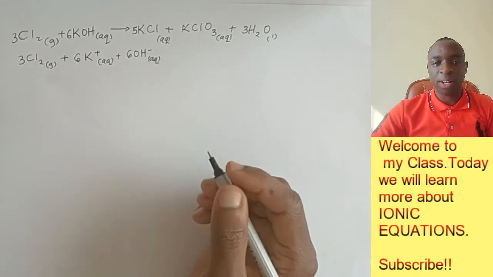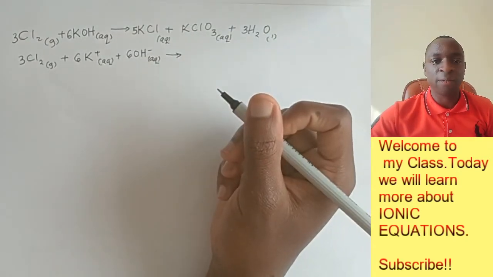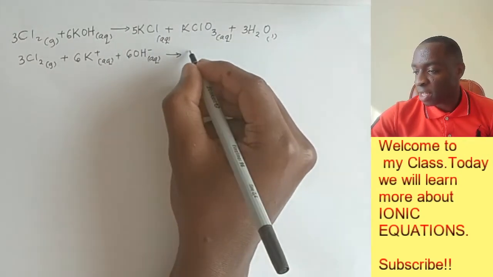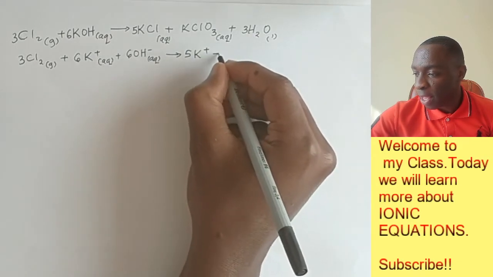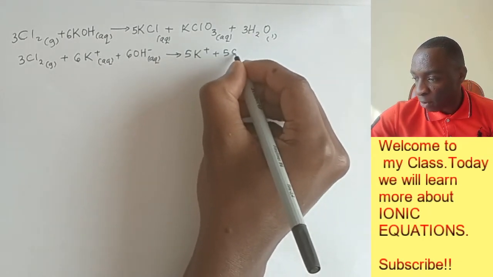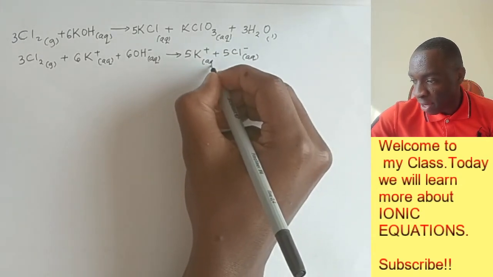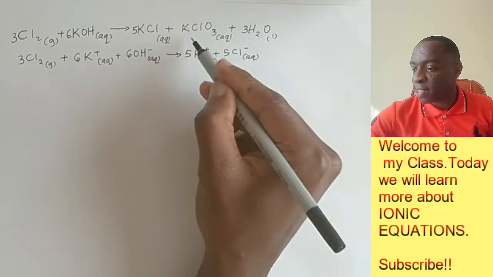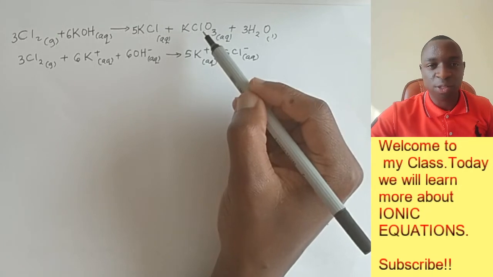So we go to the product side. And on the product side, you find that you have 5 potassium chloride. So this one right here, so we'll split it into 5 potassium ions and 5 chloride ions. And you put your state symbols right there. Then the next thing is the potassium chlorate(V). Now many students struggle with this one. They don't know how to split this one.